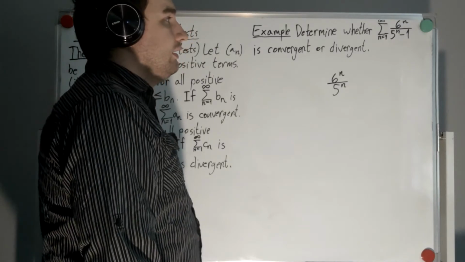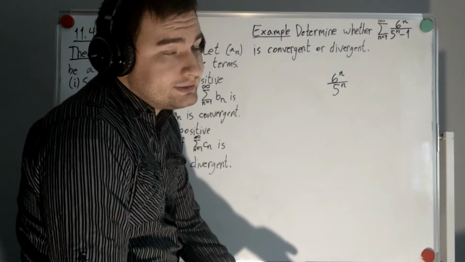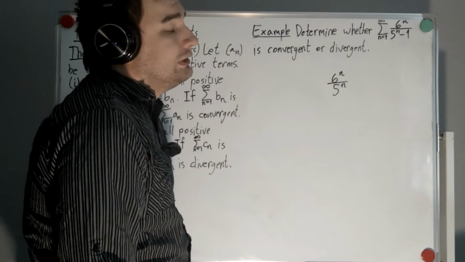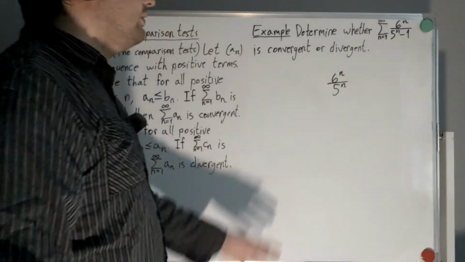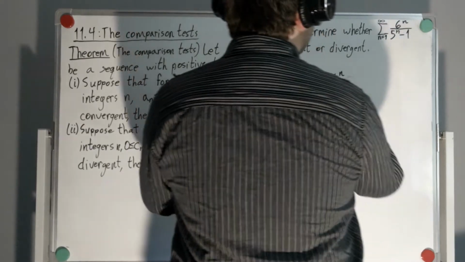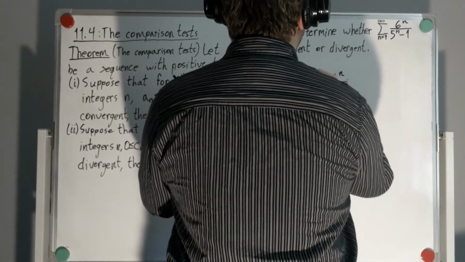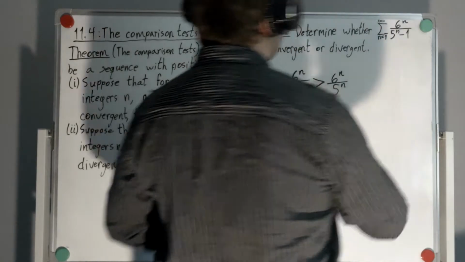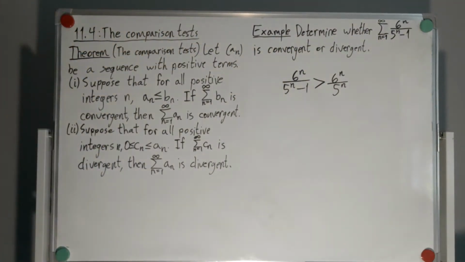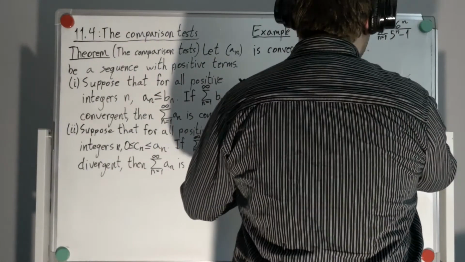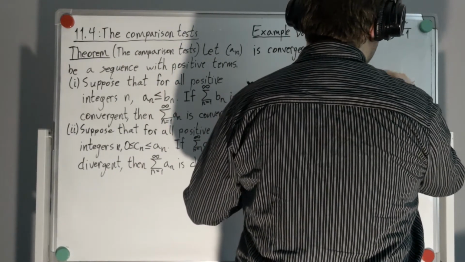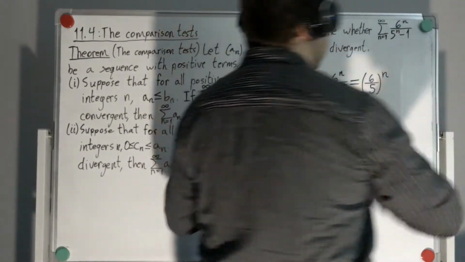Now, again, that has consequences. If you remove that negative 1 from the denominator, then you're making the denominator larger, which means that the whole fraction is going to be smaller. So this is smaller than 6 to the n divided by 5 to the n minus 1. Now, 6 to the n divided by 5 to the n, that's the same thing as 6/5 raised to the n.